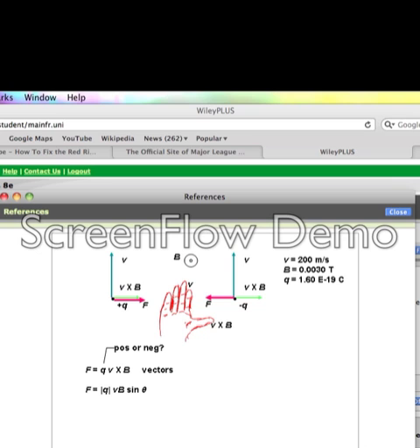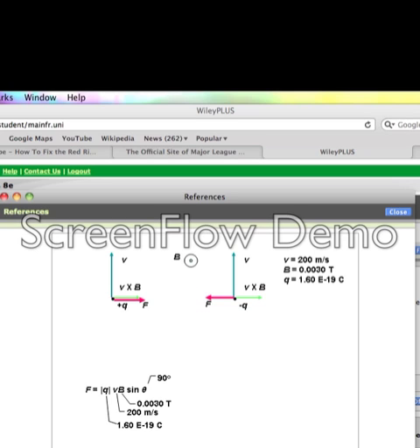Now, once I get the direction straight by using my right-hand rule for cross products, let's go after the magnitude of those two force vectors. I'm going to plug in the charge, the speed, or magnitude of velocity, the magnitude of the magnetic field, and the fact that the angle, theta, which is always the angle between the two vectors in the cross product, is 90 degrees here because V is up the screen and the magnetic field vector is directly off the screen, perpendicular to the screen towards your face.